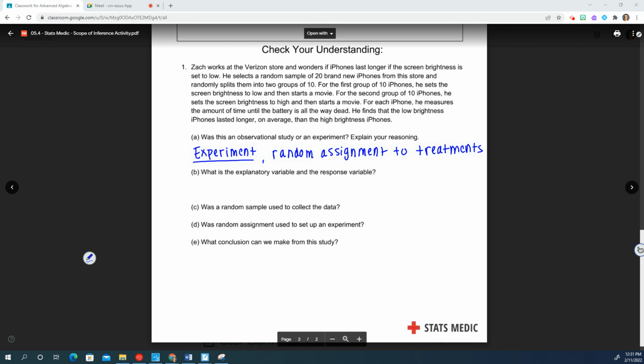What is the explanatory variable and the response variable? The explanatory, the thing we're changing, or we can sometimes call this the predictive, is the screen brightness. So we're seeing if the screen brightness predicts the response variable.